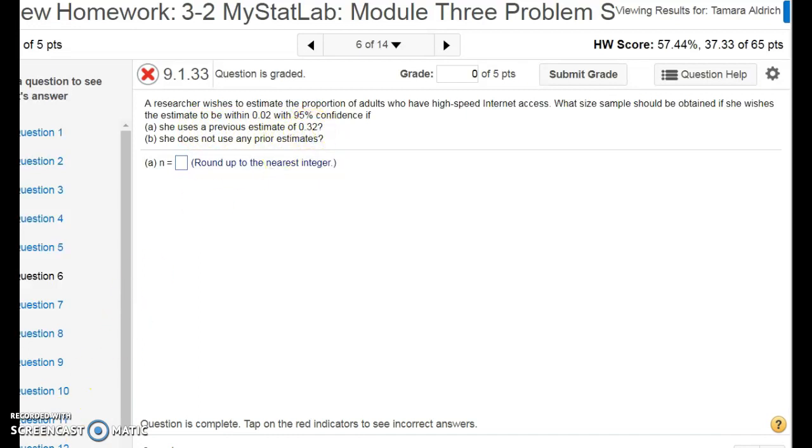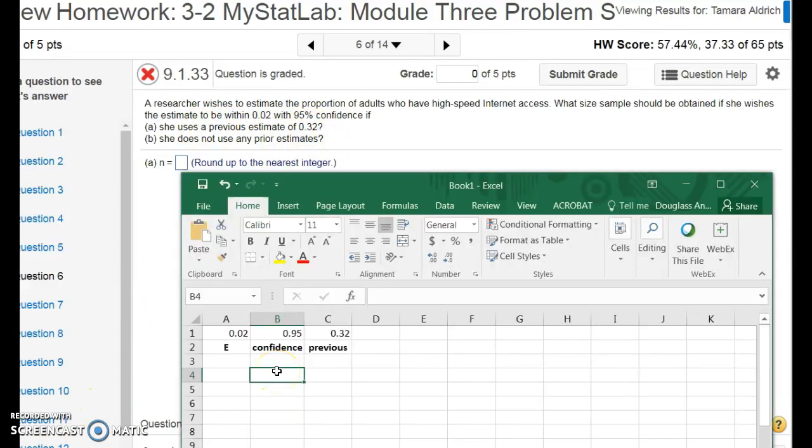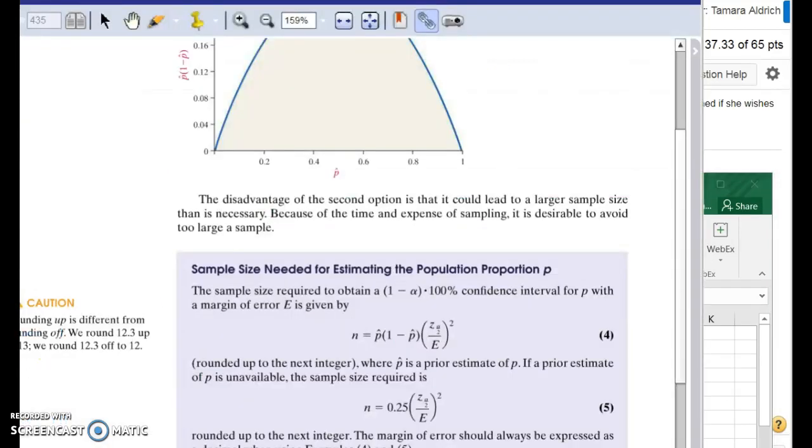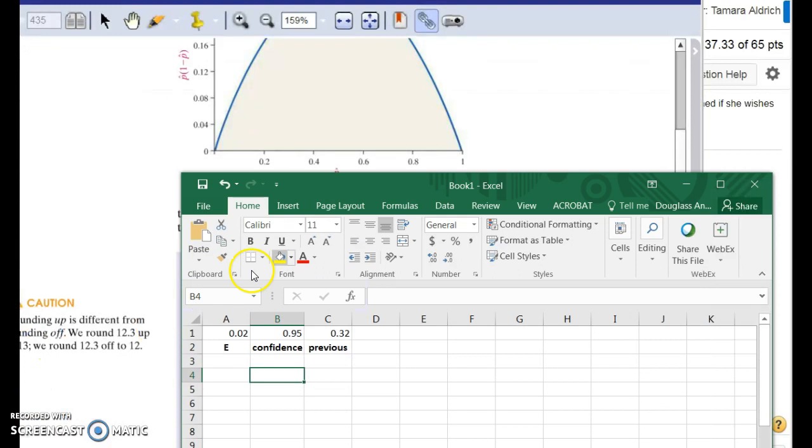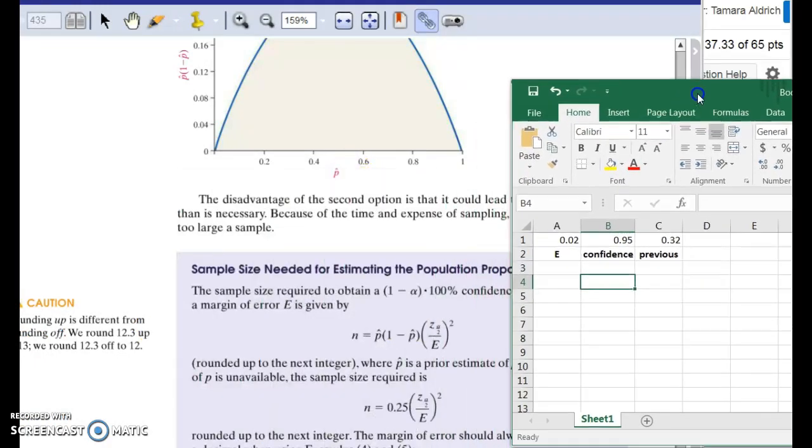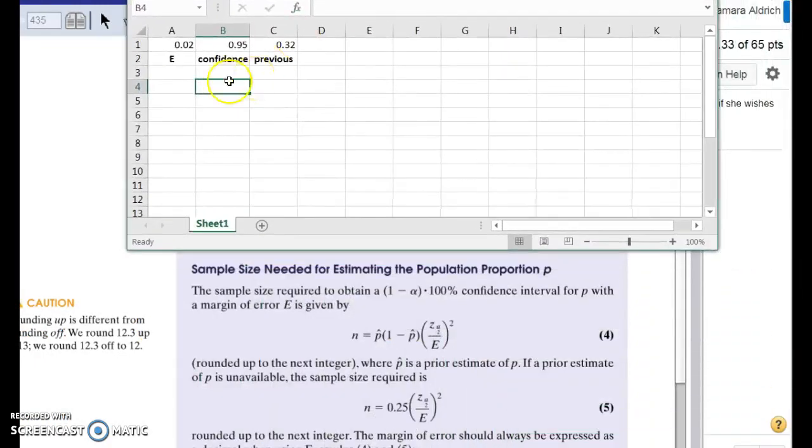That it's going to be close to 0.32. And I'm just going to use Excel to solve this because it's a great calculator. And so I've copied the information down from the problem. And then let's look back at our actual formula here. There we go. So we want to take the size of the sample we need.